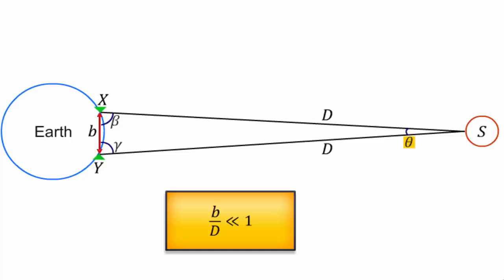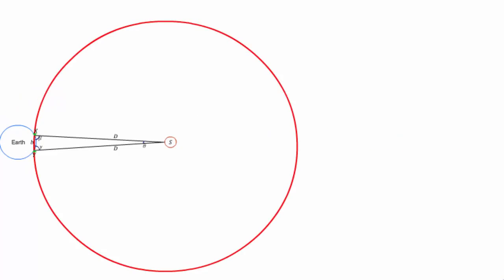Subsequently, we consider X and Y as two points on an arc of a large circle with its center at S and radius D. By definition of angle, theta is equal to the ratio of the arc length, which is the basis B, to the radius of the circle D, where theta is taken in radians.